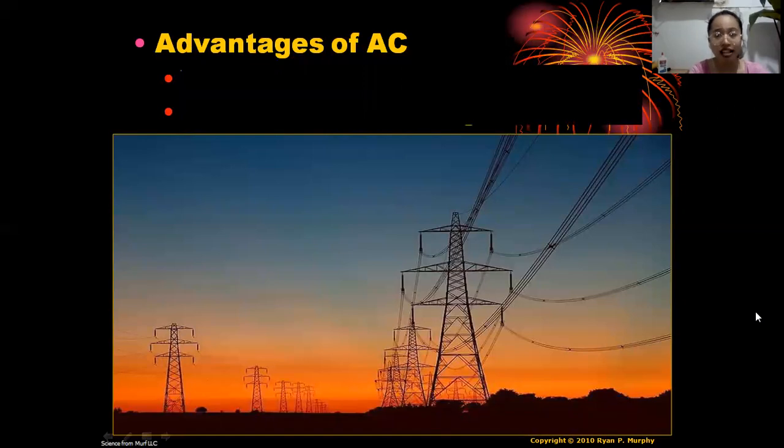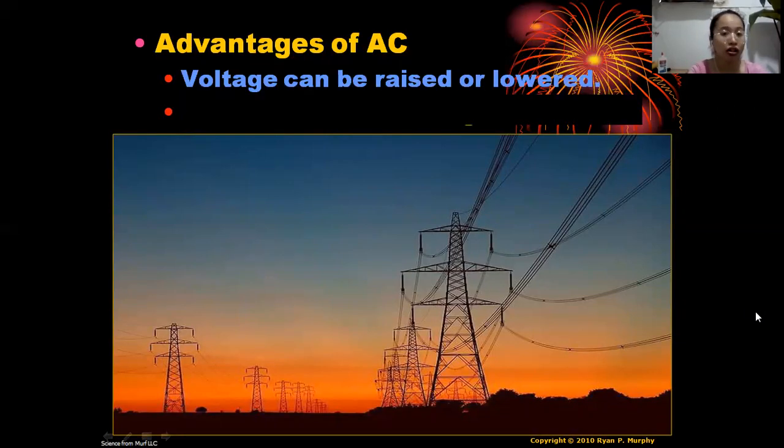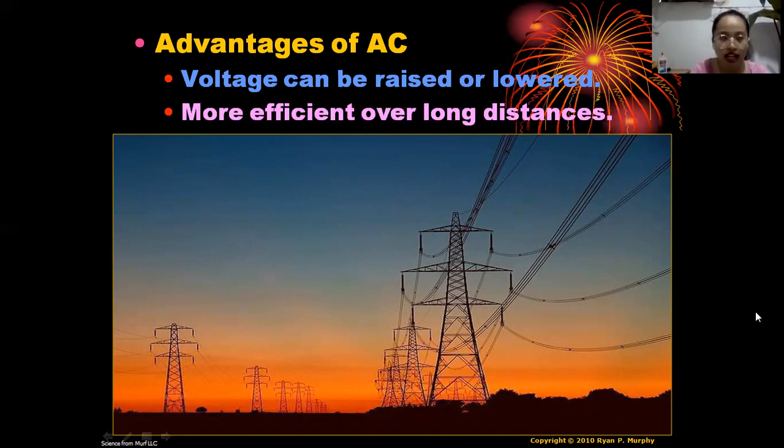So what are the advantages of AC? You can control your voltage. You can raise it or lower the voltage, and it is more efficient over long distances. Mostly in our house we use AC, because DC is very dangerous to use.